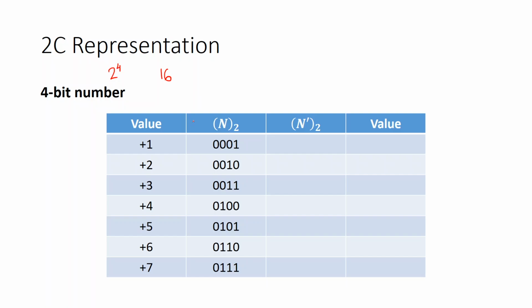Out of these 16 numbers, all the positive numbers would have to have the MSB as 0, correct? Because the positive representation is the same as the sign magnitude representation, the first bit would be 0. With 0 as the first bit, there are actually 8 numbers, but right now we are not considering the 0, so let us suppose there are 7 numbers from plus 1 to plus 7.